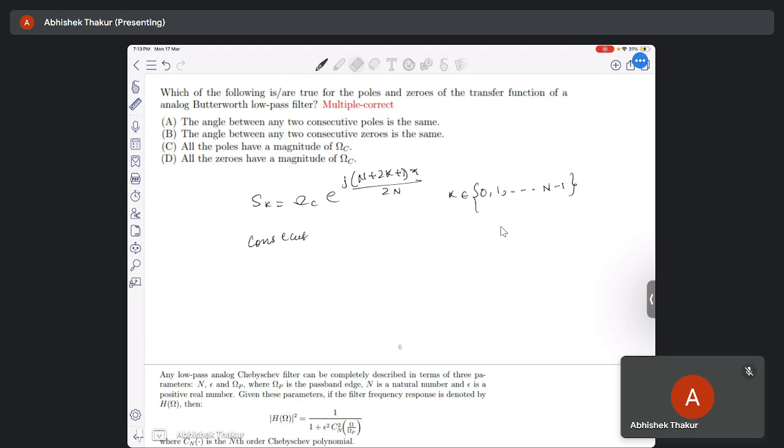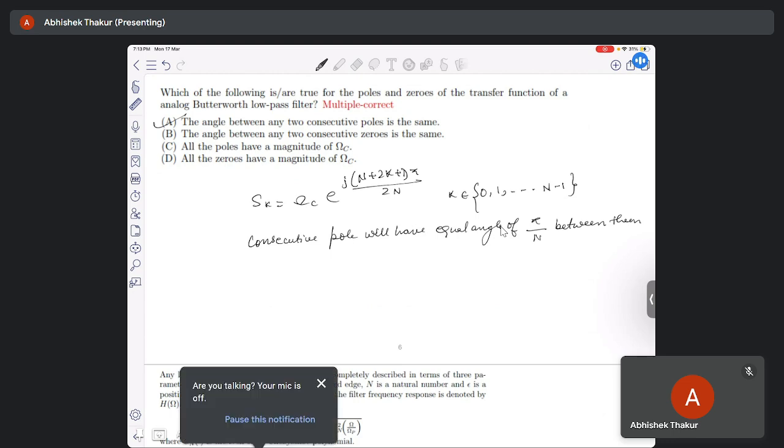So consecutive poles will have an equal angle of pi by n between them. Okay. So option A is correct, like the angle between any two consecutive poles is the same.